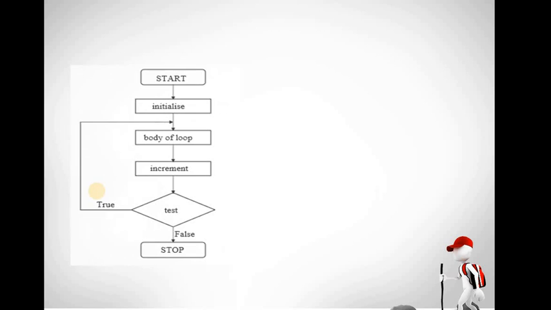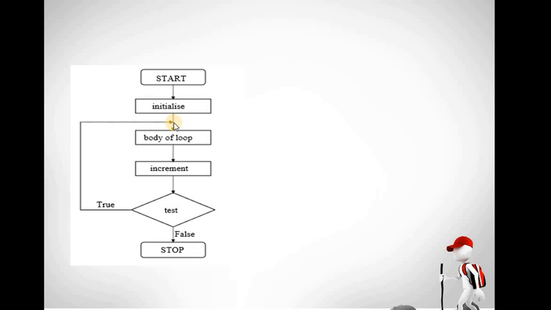Okay, now let's see the flowchart of the do-while loop. Over here you can see this one is the starting of the program, or I can say the starting of the flowchart. In the initialization phase we set some variables. After that this is my loop, it is in a cycle.